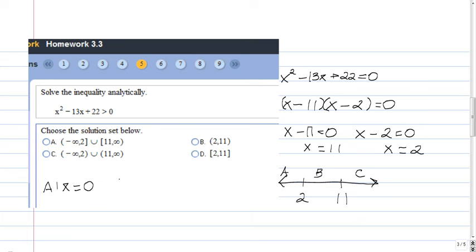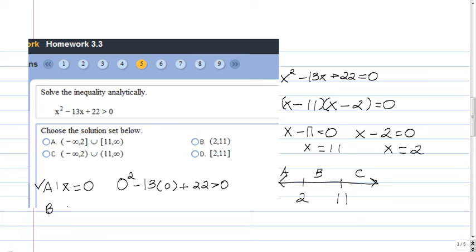So if we plug in 0, is 0 squared minus 13 times 0 plus 22 greater than 0? Yes, that gives us 22, which is greater than 0. So region A tests true.